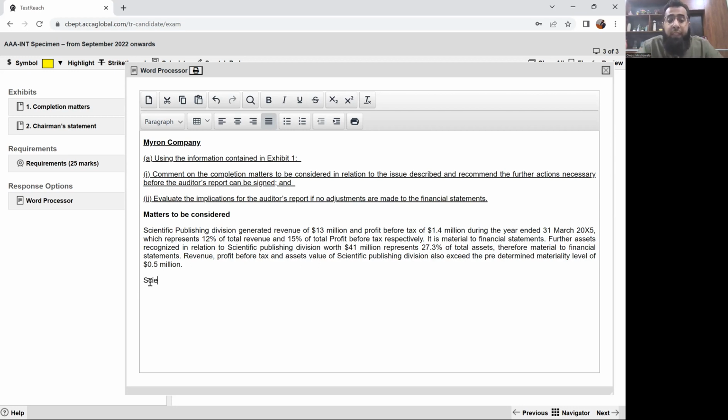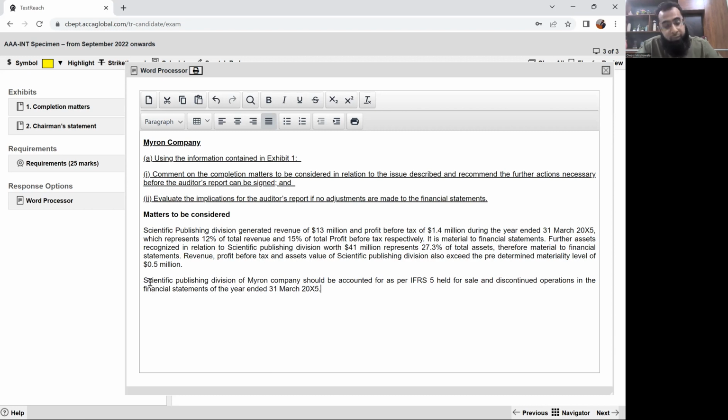Okay. Scientific Publishing Division of Myron Company should be accounted for as per IFRS 5, held for sale and discontinued operations, in the financial statements of the year ended 31st March 2005.